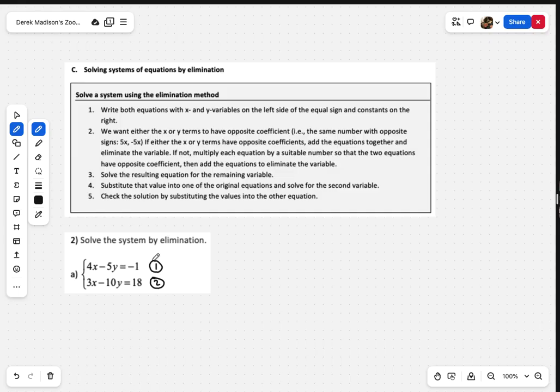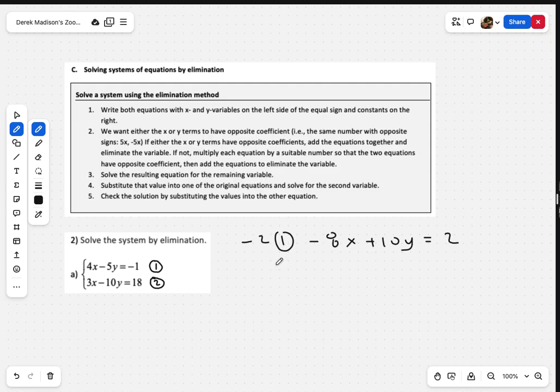And I'm going to multiply equation 1 by negative 2. And that's going to give me a plus 10y here, which will cancel out with the minus 10y. So multiplying, we get negative 8x plus 10y equals, that would be a positive 2. If you're looking for errors when something's not working, check this other side of the equation. That is very often where it is.